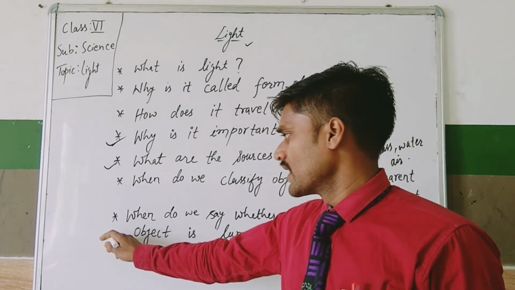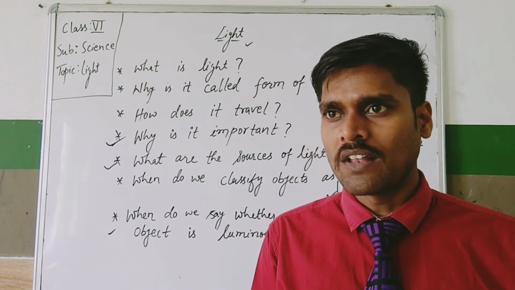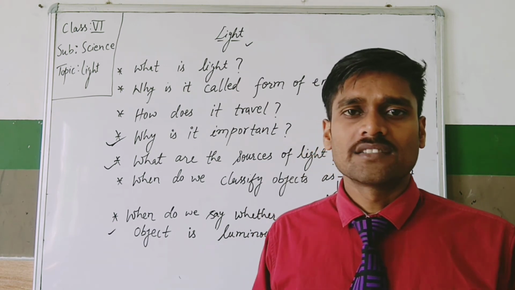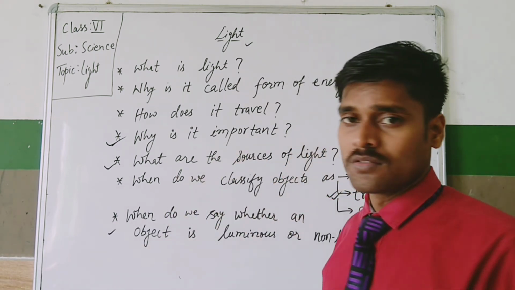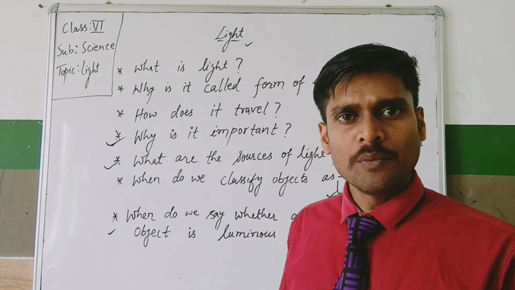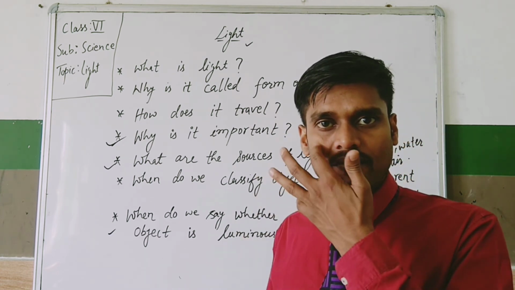Now the question is, when do we say that an object is a source of light? Different objects are there, like the sun, the moon, or different objects in this world. These are all seen, but are they luminous? Are they really sources of light?